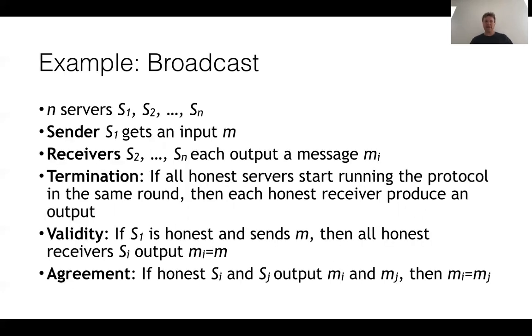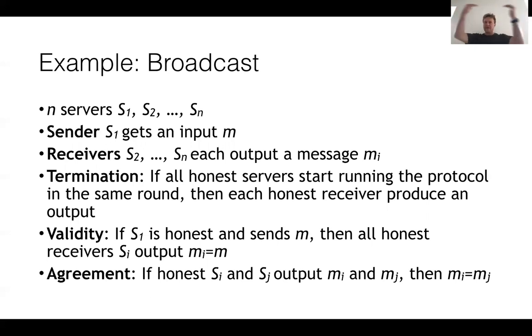So let's first look at an application of a round-based protocol. I would like to use a round-based protocol to implement broadcast, in the sense of Byzantine broadcast. I would like to send one message to several receivers, and I want to ensure that they receive the same message, even if the sender is corrupted and tries to confuse them. So it should not be possible to send 7 here and 8 here.